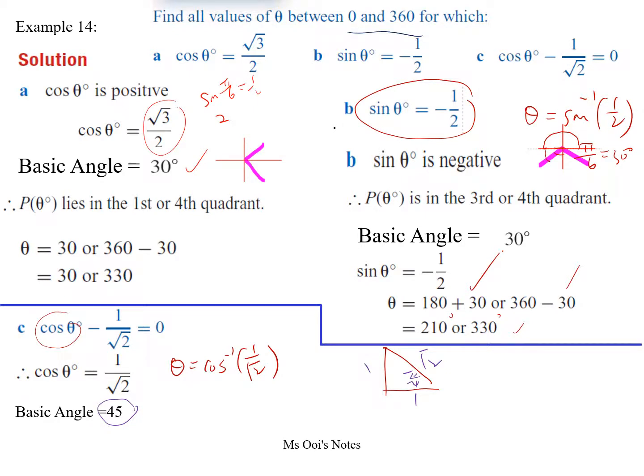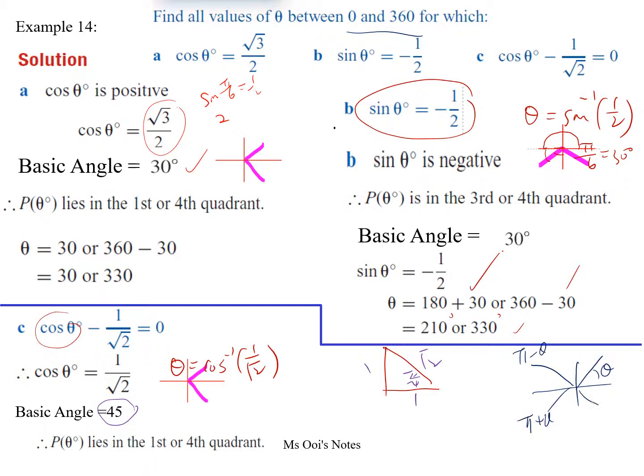So 45 degrees. So now cos is positive in the first and the fourth quadrant. Okay, the first and the fourth quadrant. And so now the first answer will be 45. The second answer will be 360 minus 45. Remember that diagram: theta, pi minus theta, pi plus theta, and that's 2 pi minus theta.